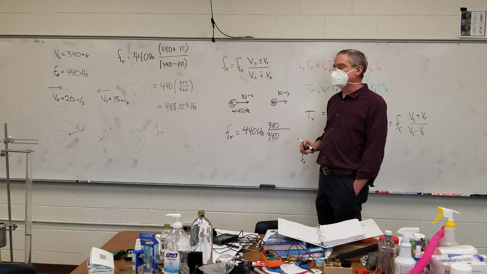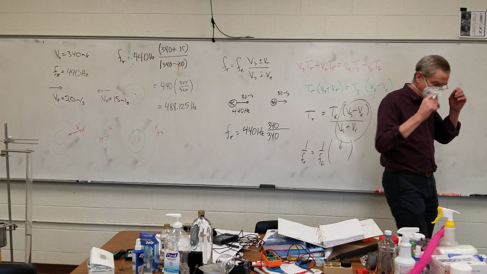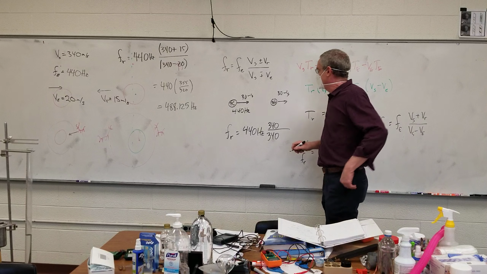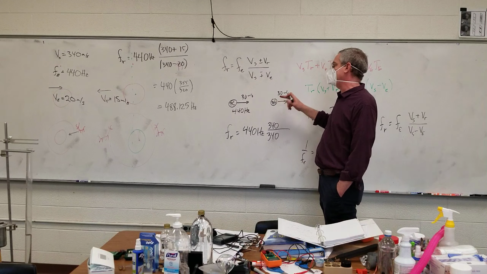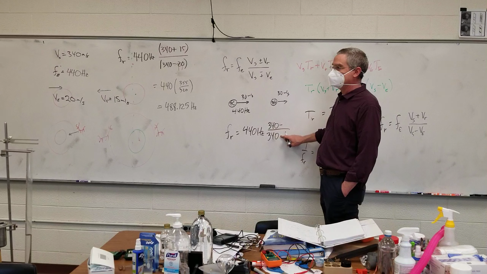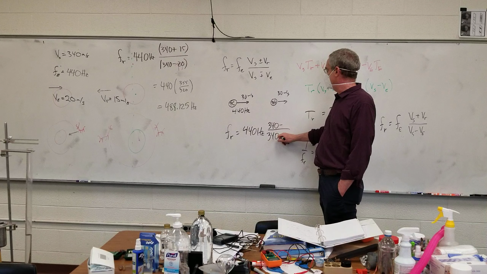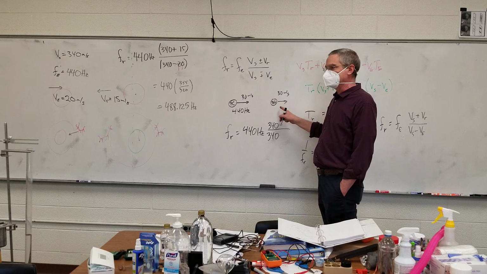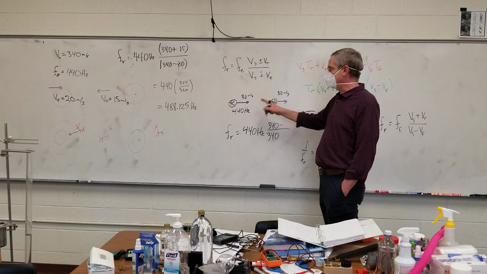So which one's plus, which one's minus, or are they both plus, or both minus? The top one's minus, the bottom one's plus. The bad guy is trying to get away, so that's going to reduce it. Except the police car is trying to get closer to him and increase the frequency.